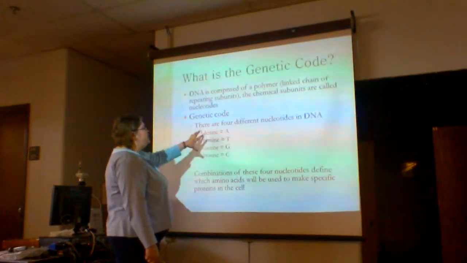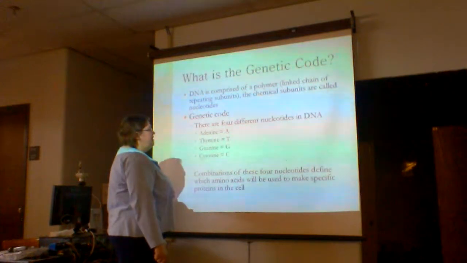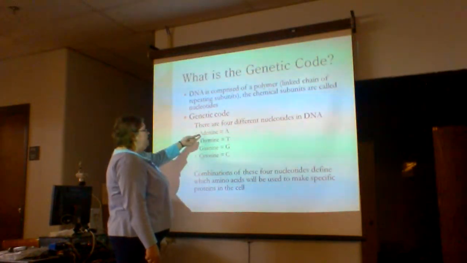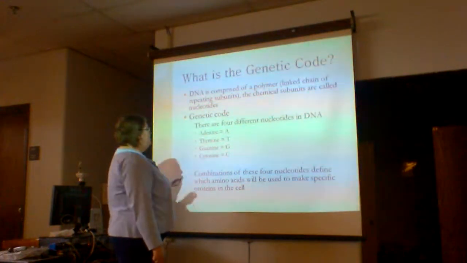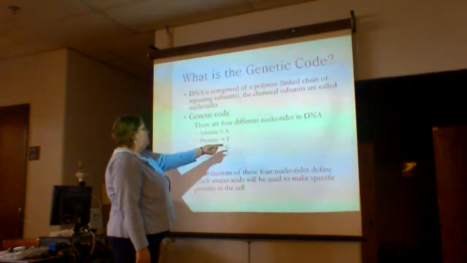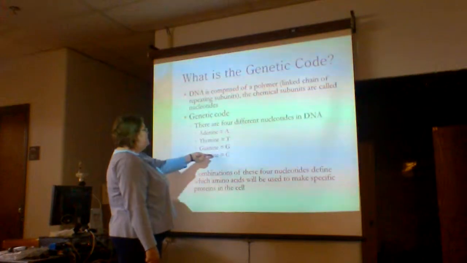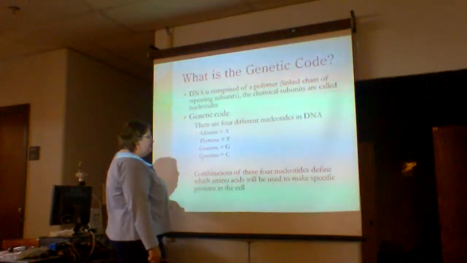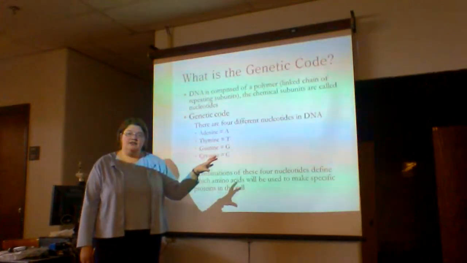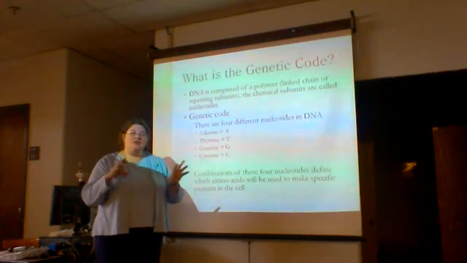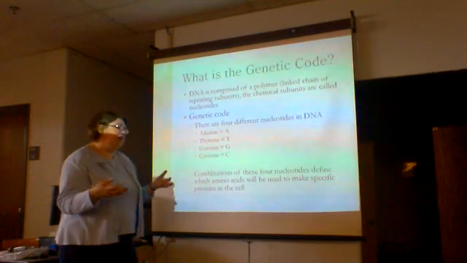There are 4 different nucleotides in DNA: adenine, which we abbreviate A, thymine, which we abbreviate T, guanine, which we abbreviate G, and cytosine, which we abbreviate C. And so we combine these nucleotides in different arrangements to make DNA sequences.